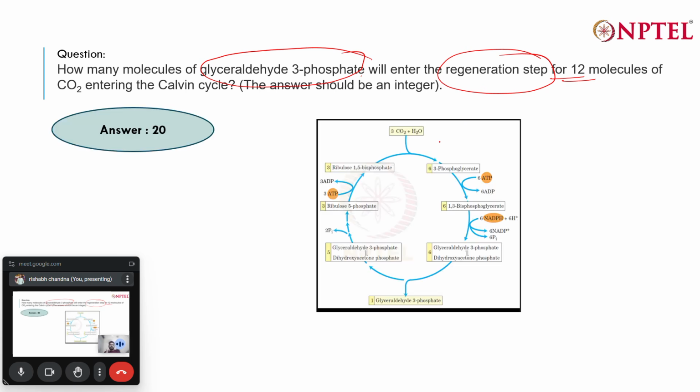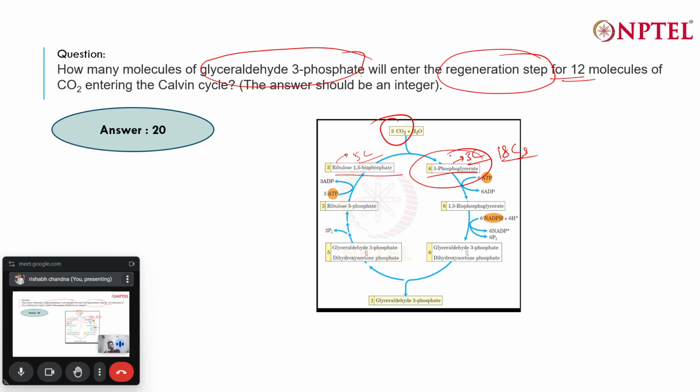As we can see here, when three molecules of carbon dioxide enter the pathway, six phosphoglycerate molecules are formed from three ribulose 1,5-bisphosphate. So total number of carbon: this is a 5 carbon compound and we have three molecules, that means 15 carbon, and 15 plus 3 means 18 carbon. Now this is a 3 carbon compound, so the total would be 18 carbons.